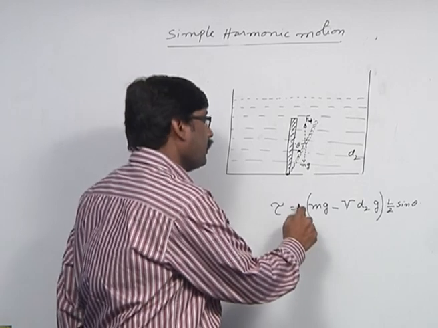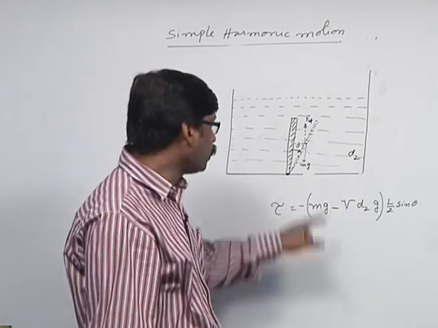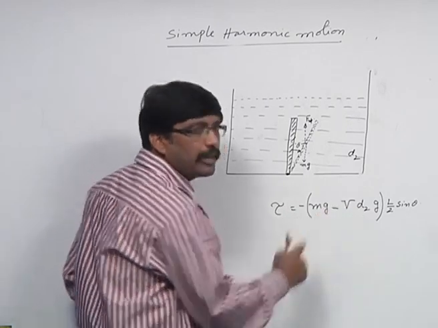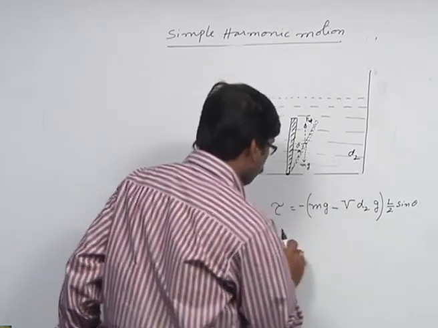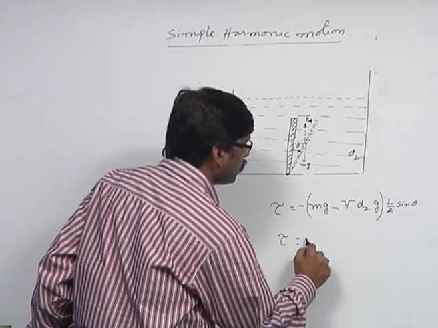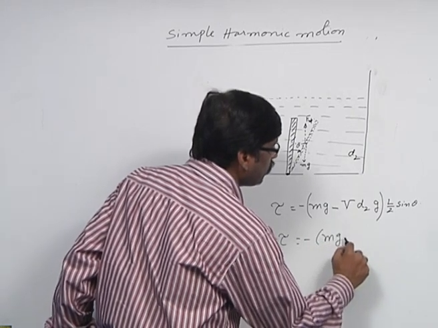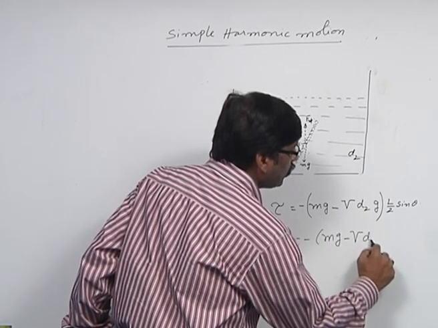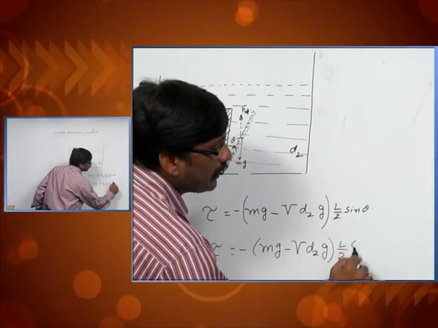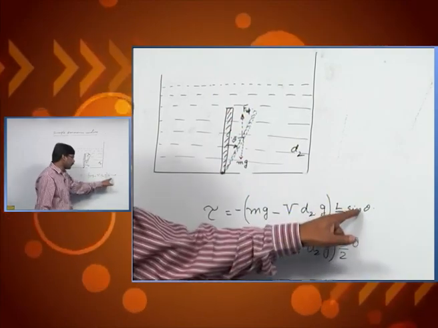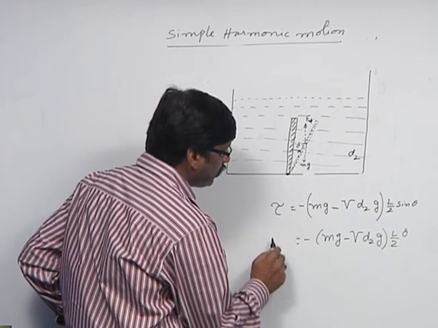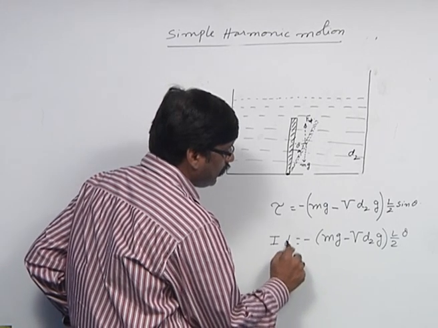This is the restoring torque produced by the gravitational force and upthrust. In case of small angle, tau is equal to minus of (mg minus V d2 g) L by 2 into, for small angle, sin theta can be replaced by theta. Now, in place of tau, I can write I alpha.